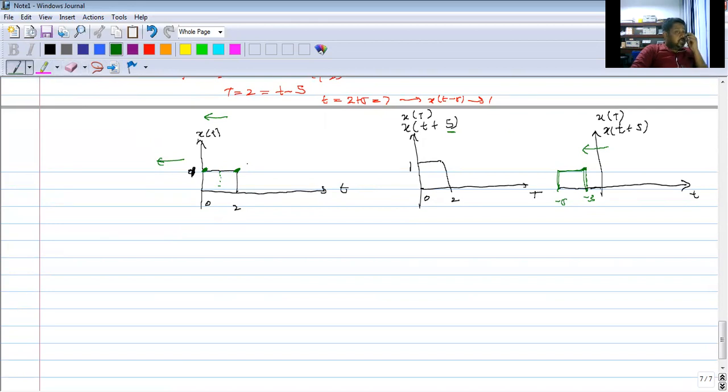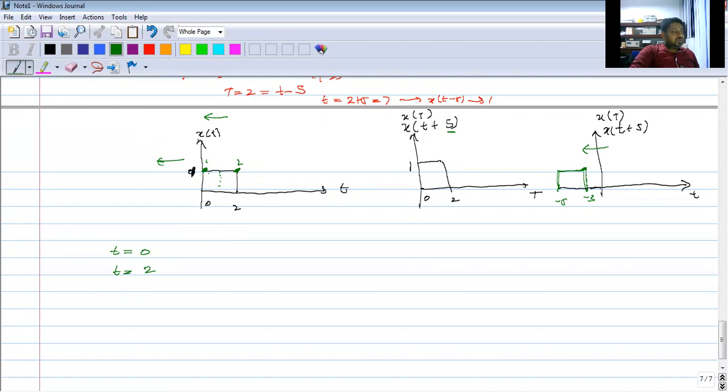You can do it by yourself as an exercise. I will take only this point, this is one point and this is the second point. The first point is t at 0. The second point is t at 2.